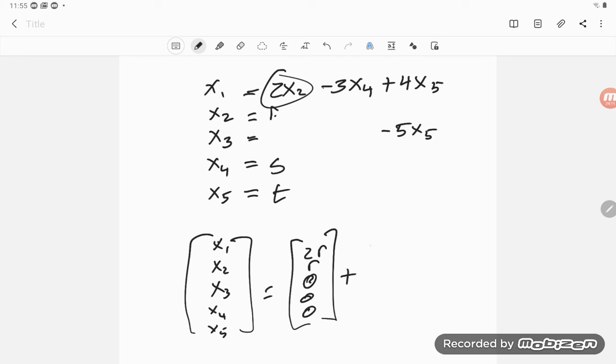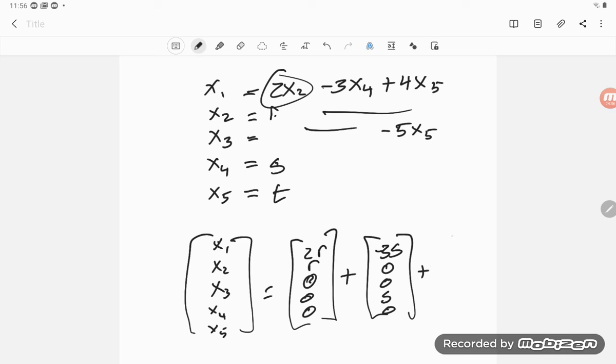And then plus, for x4 we have minus 3S, because I substituted that. Nothing here, nothing there. So 0, 0, and then we have an S, and then we have a 0.